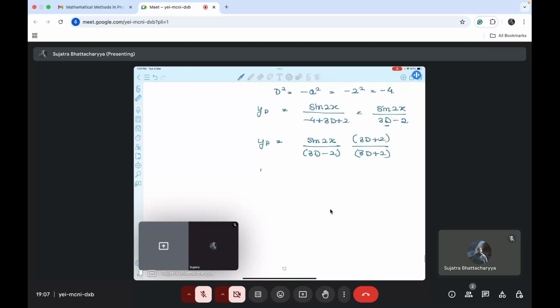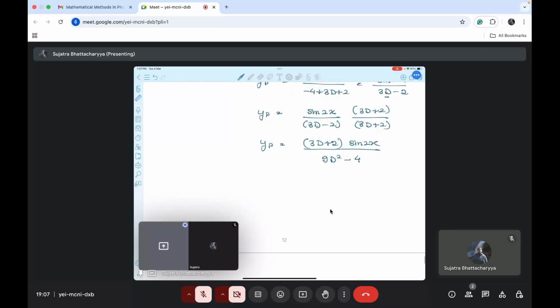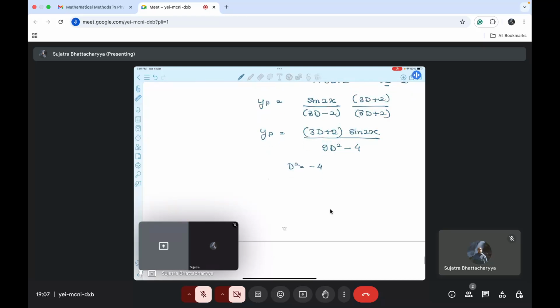Correct? So for yp, 3d plus 2 you can put it here. Sine of 2x will be here. And you have a plus b into a minus b, so it is 9d square minus 4 there. You can put d square is equal to minus 4. So y of p is equal to 3d plus 2 into sine 2x.